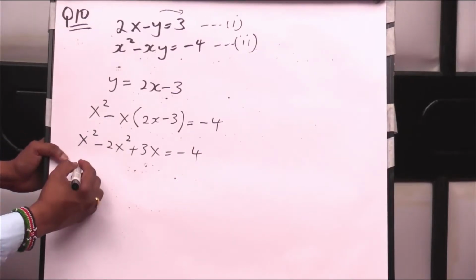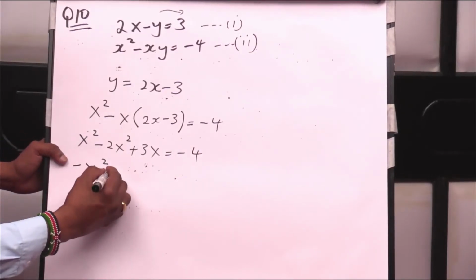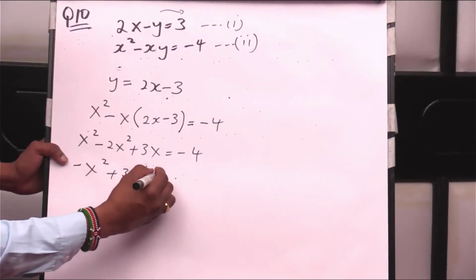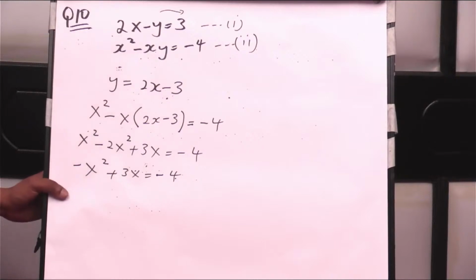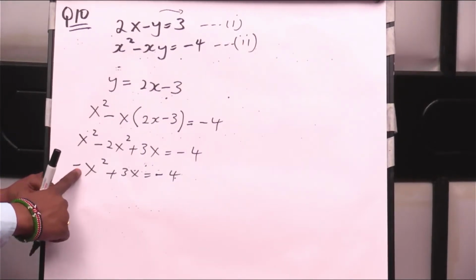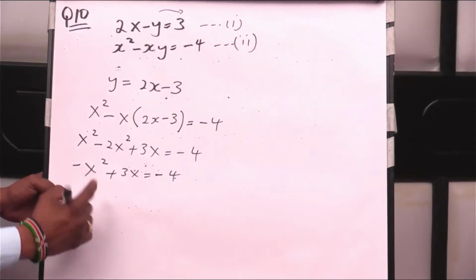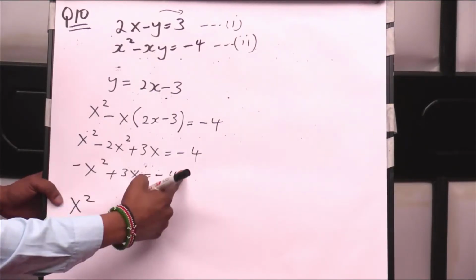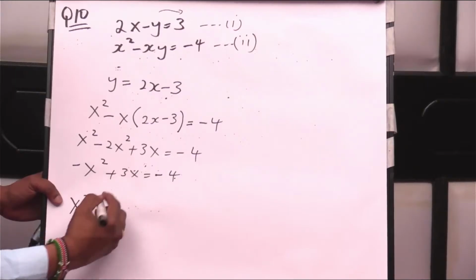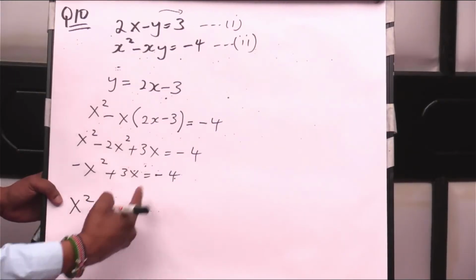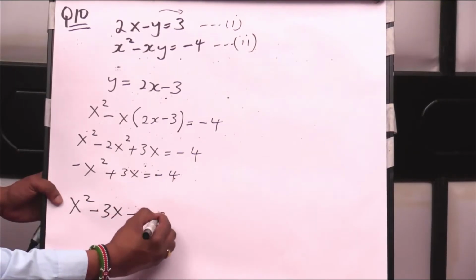X squared minus 2x squared is minus x squared plus 3x equals minus 4. Then let them cross to the other side so that we make minus x squared a positive value. It becomes x squared when it crosses the other side. Plus 3x becomes minus 3x, but 4 remains minus 4, equals 0.